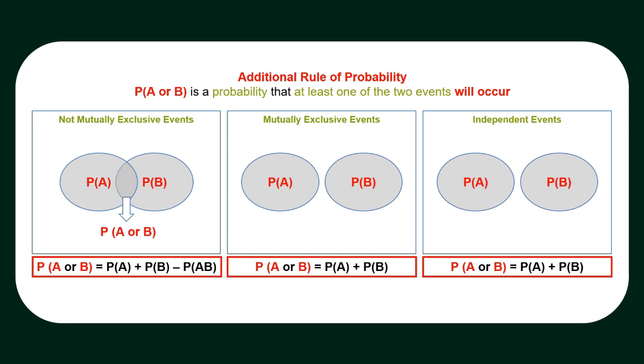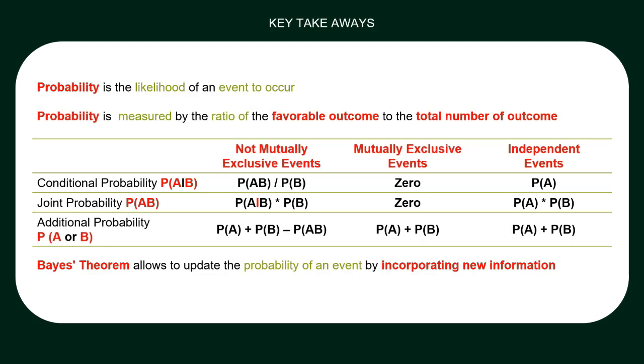We are now at the end of our session, but before we close this session, let's go over the key takeaways of our session. First thing, probability is the likelihood of an event to occur. Probability is measured by the ratio of favorable outcome to the total number of outcomes. There are mainly three types of events for which we calculate conditional, joint, and additional probabilities.